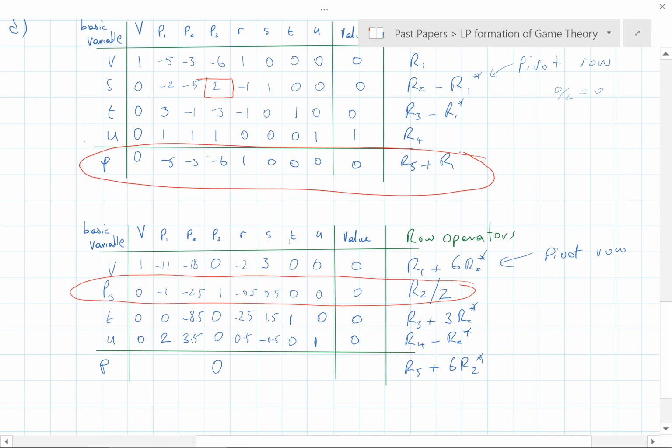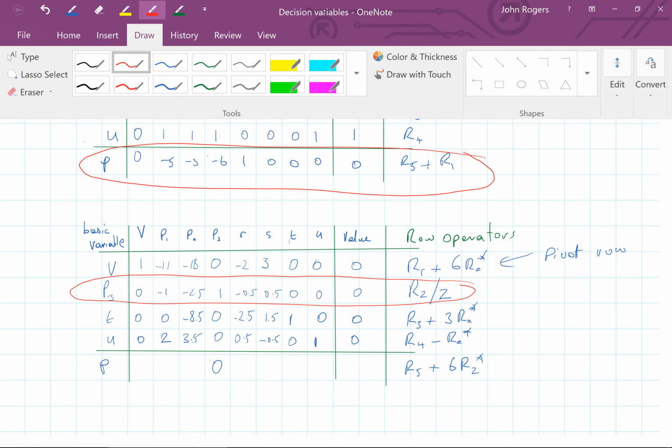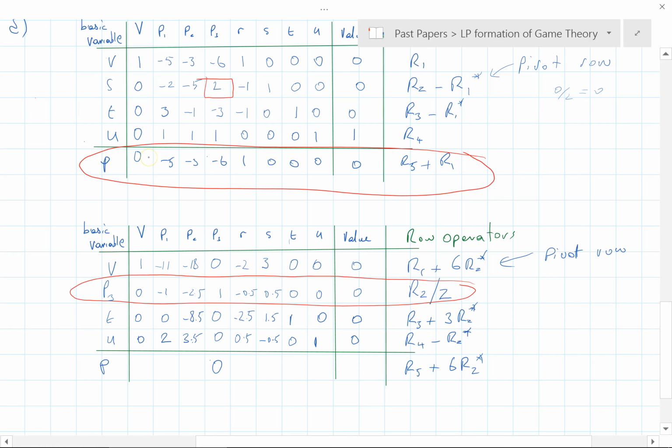Okay, so we've got 0, good. 0 plus 6 times 0, which is 0, minus 5 plus 6 times minus 1, which is minus 11. So it's minus 5 plus 6 times minus 1 is minus 11.